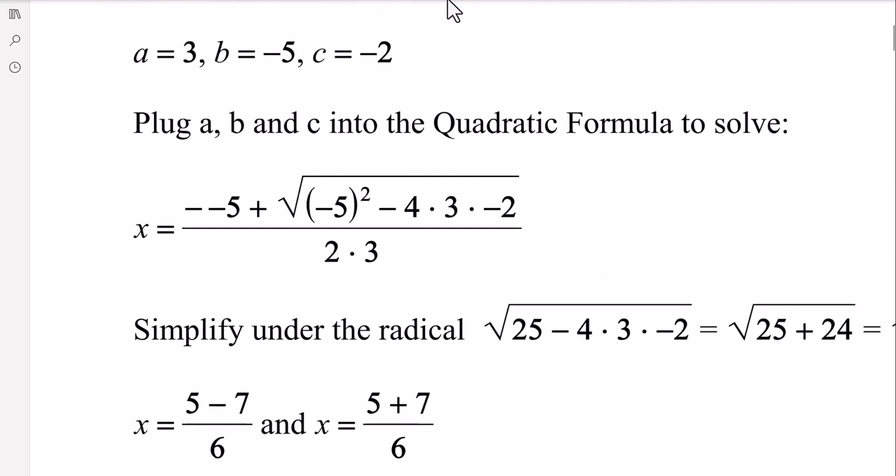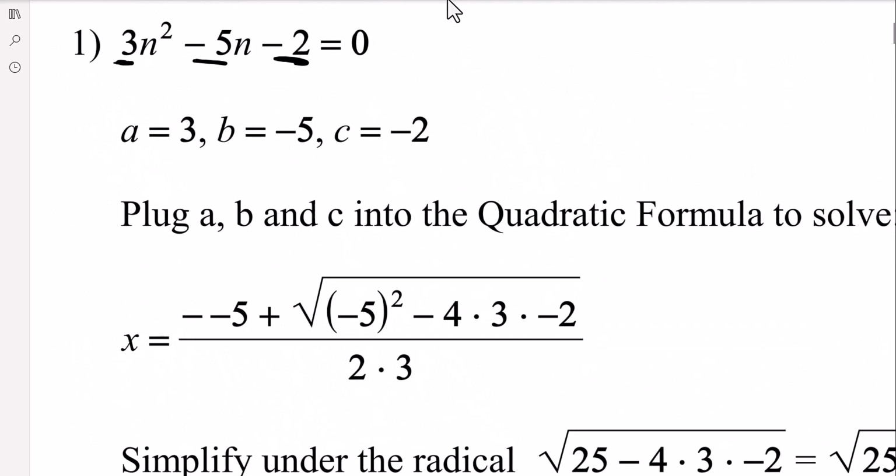And then you just plug all of that into the calculator. So the opposite of b, the opposite of -5, is going to be +5. And then you've got b squared, so that's 25.